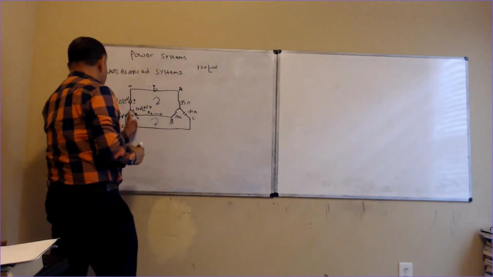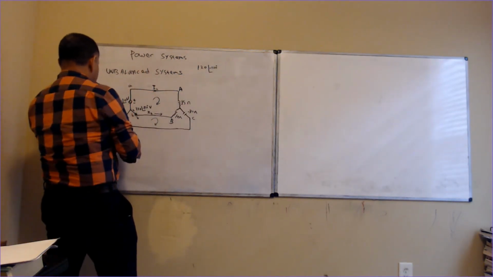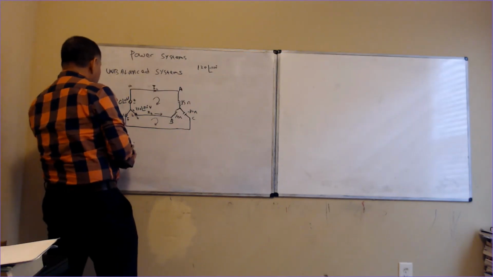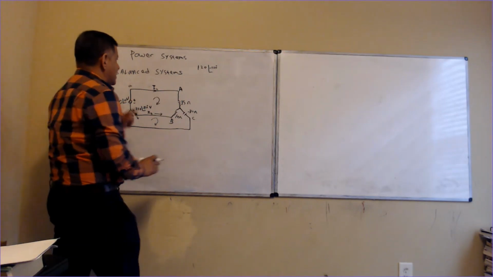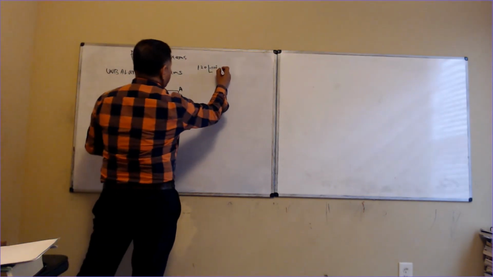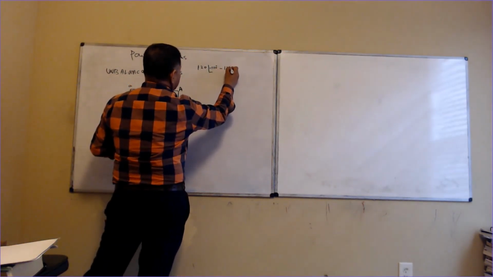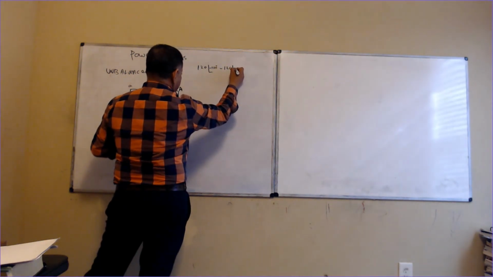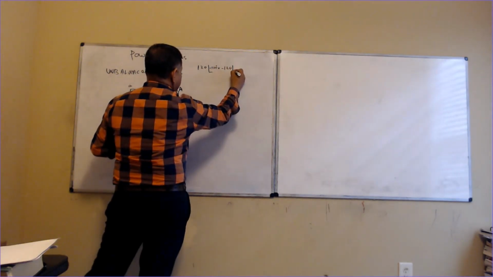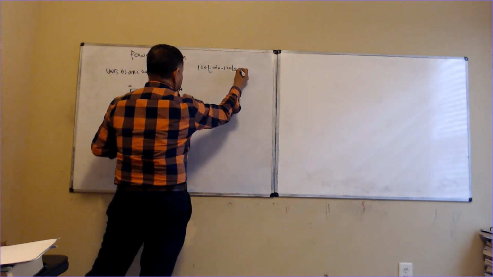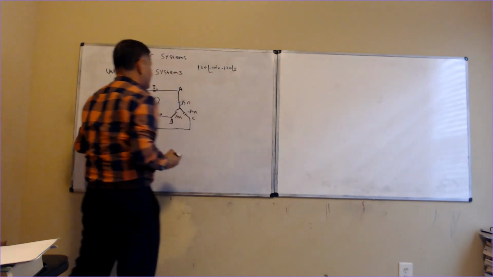Going up, which one do I hit first? I hit the negative, so therefore it's going to be minus 120 volts at angle 0 degrees, right?